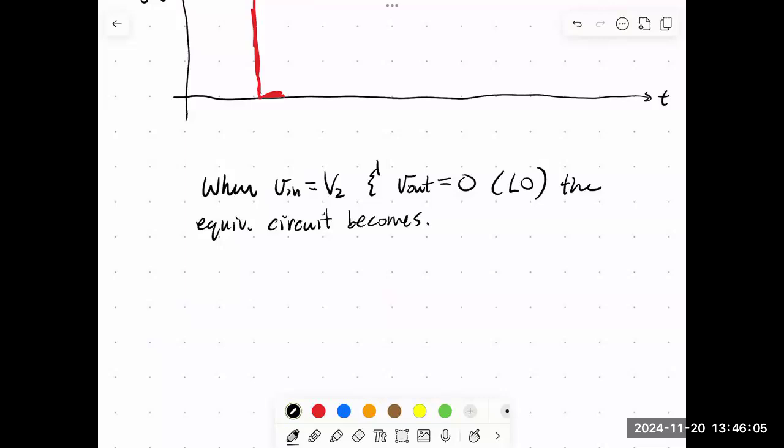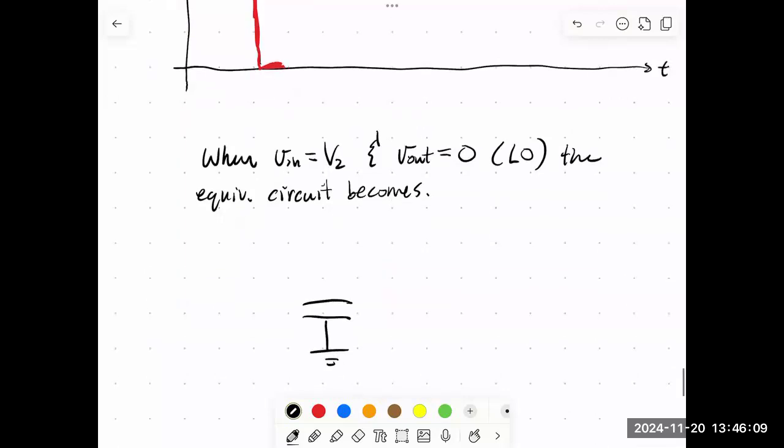let's see. One side of our capacitor is always connected to ground, that never changes. And then the other side of our capacitor is connected to V in, and we're going to start with V in equals V2 initially. But if V in is V2, then the voltage across the capacitor is V2. This is no longer an uncharged capacitor, right?